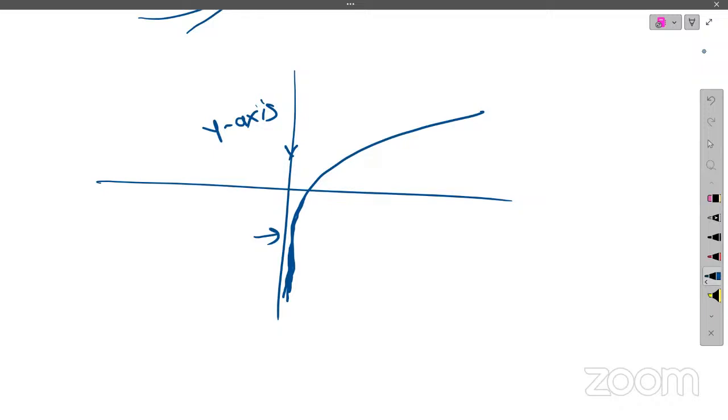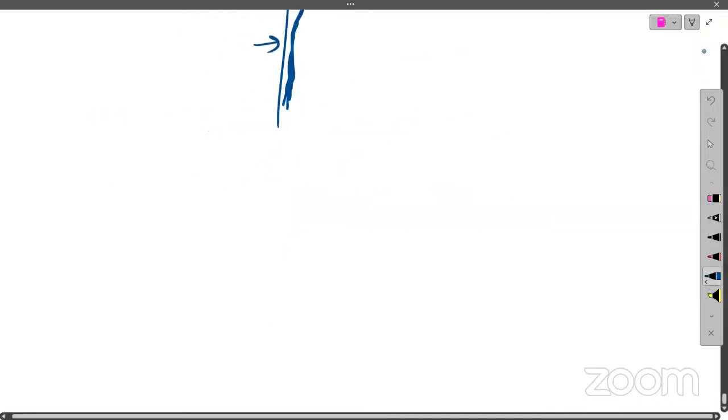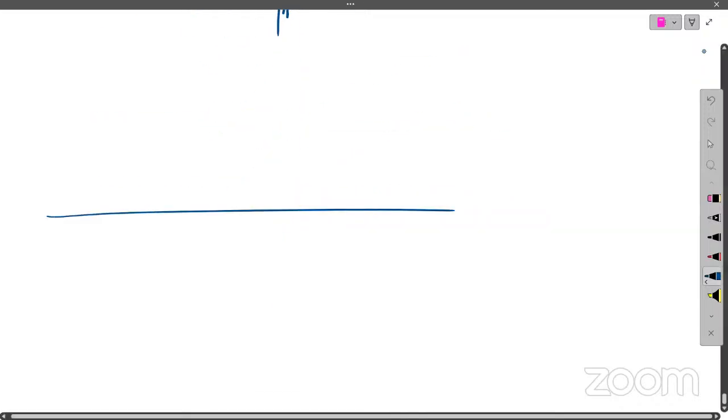Hello, ma'am. Yeah, I got that. But what happens when the asymptote is not the x-axis or y-axis, with values different from 0? Then you can consider any line. Suppose we have this kind of behavior.